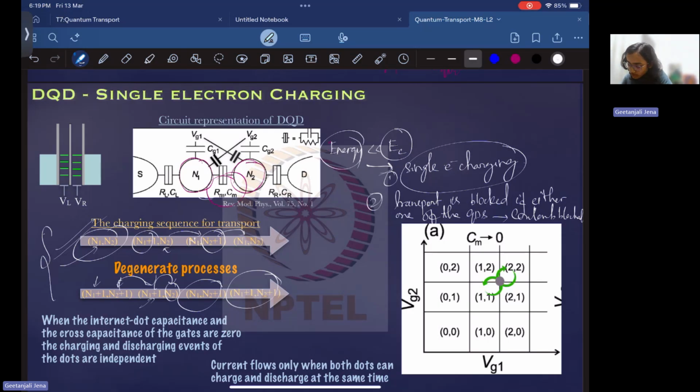Now let us see the charge stability diagram for this double quantum dot. If you recall the single electron transistor, to change the Coulomb blockade region, we can either change the gate voltage or change the source to drain voltage.